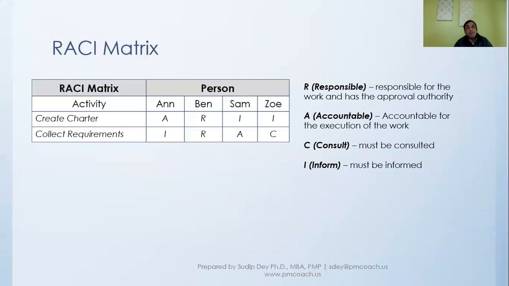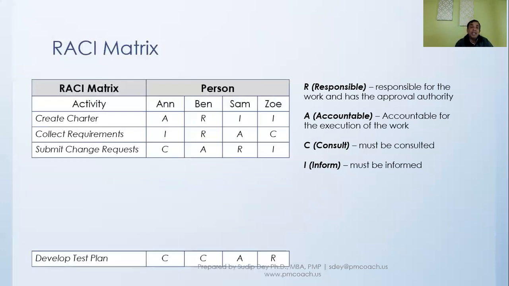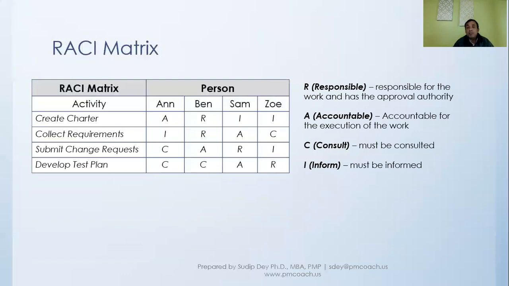Similarly, we may have another activity and say Anne is to be informed, Ben is again responsible, Sam is accountable, and Zoe is to be consulted. So similarly, we take each of the activities and assign these particular roles. So at the end of the day, we know exactly who is playing what role in which activity.